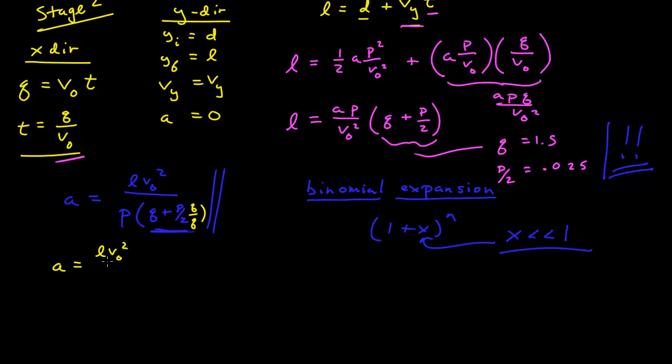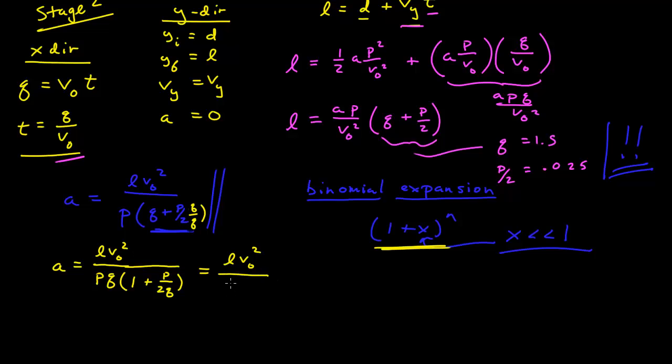L v naught squared over p q times 1 plus p over 2q. Now I still want it to look like this, and so I'm going to rewrite this again in even better notation.